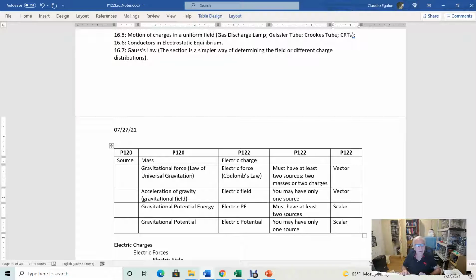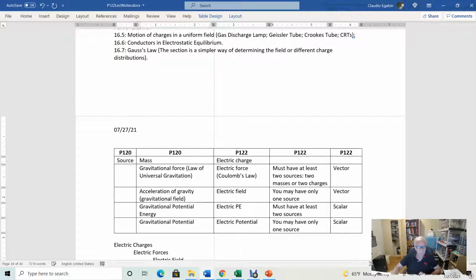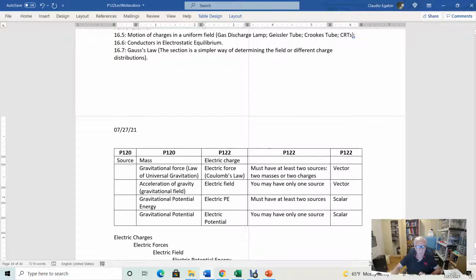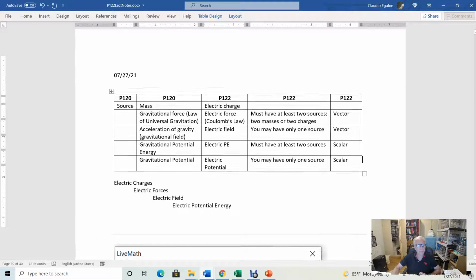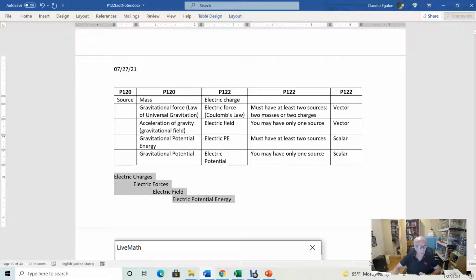So look very carefully at that so you can have a better understanding of how this whole theory is put together. Here you go. And it goes exactly in this order.